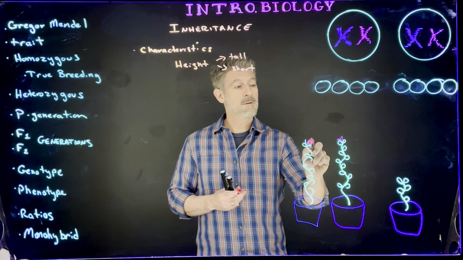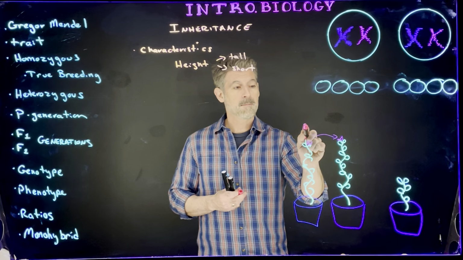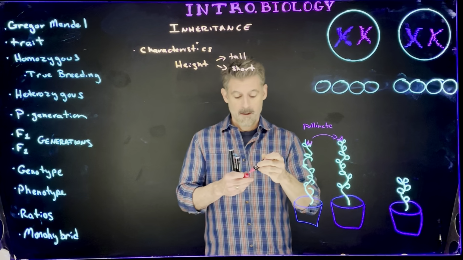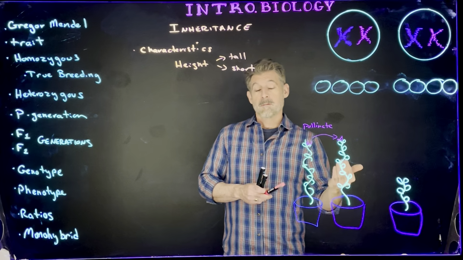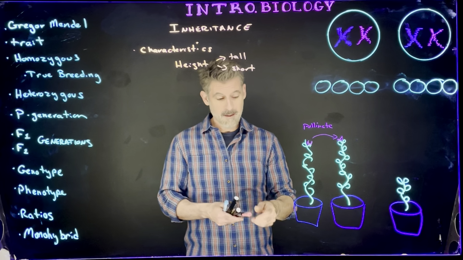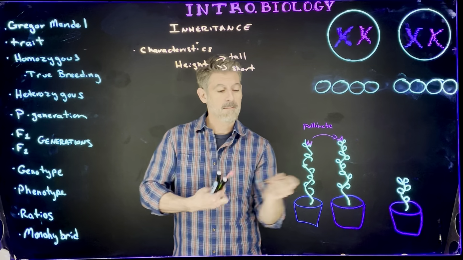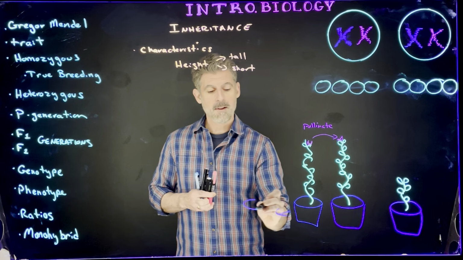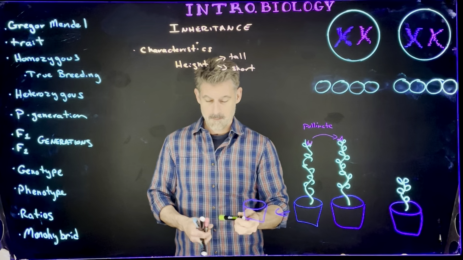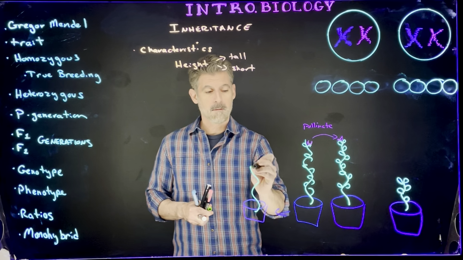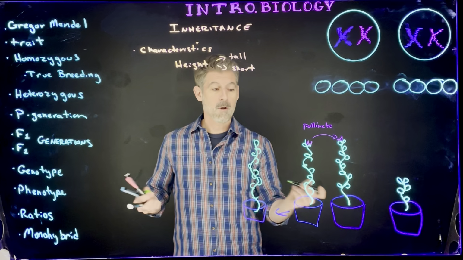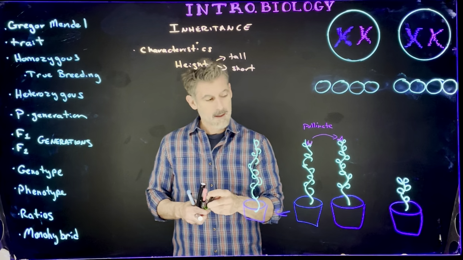He could then pollinate tall plants with the pollen from other tall plants. And what he found was that the offspring from these plants were also tall plants.